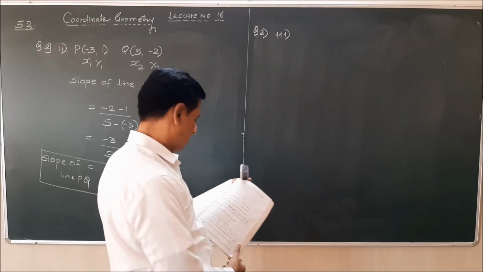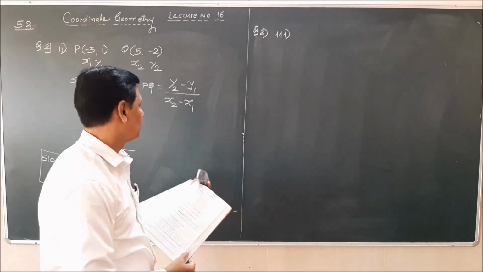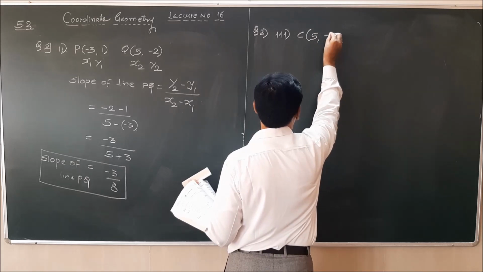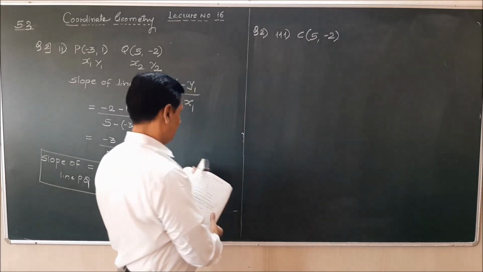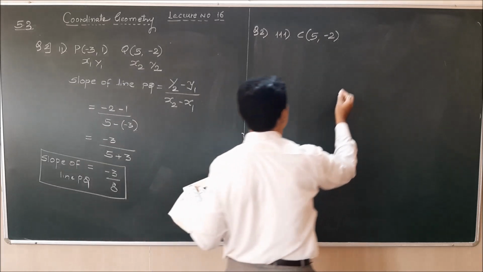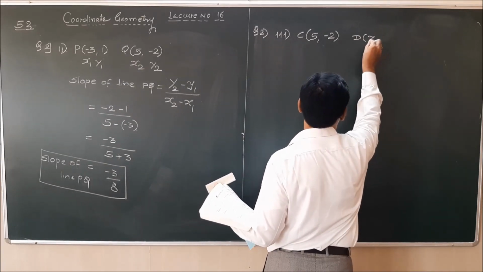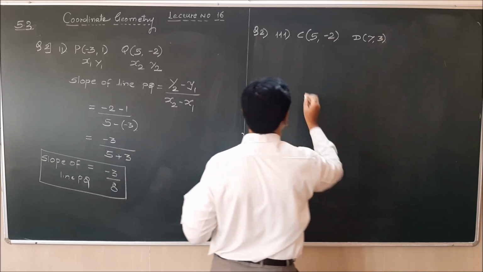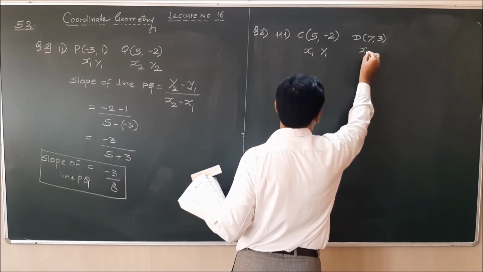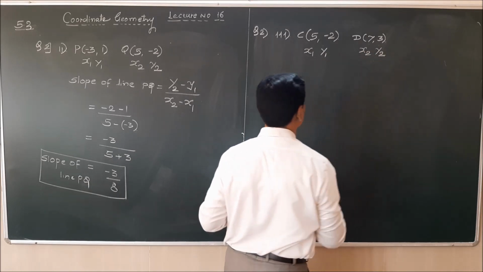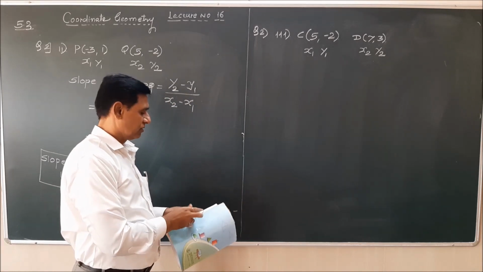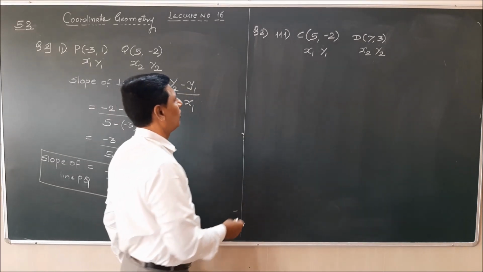In the third one, coordinates of C are (5, minus 2), while coordinates of D are (7, 3). In the same way, label coordinates of C as x1, y1 and coordinates of D as x2, y2. Later on, we will use the slope formula.